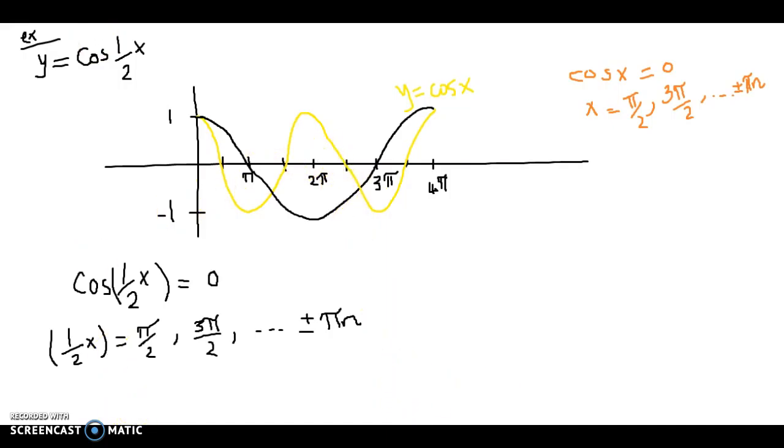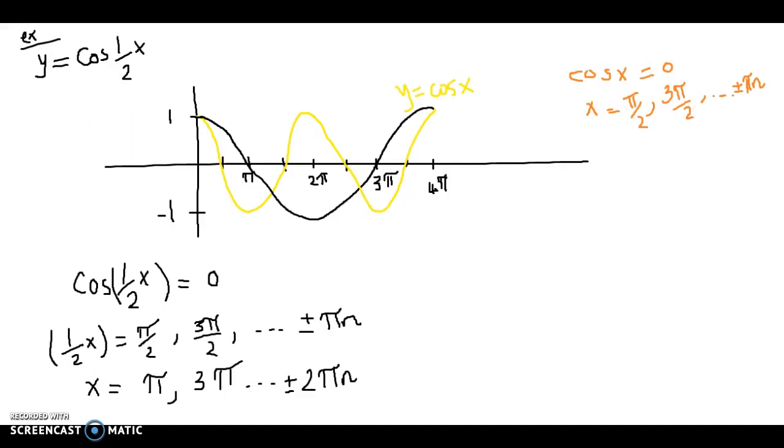So I'm doing the same thing to cosine half x. I'm saying that half x is at pi over 2, 3 pi over 2, because that's theta, it's the same theta. But because I have a coefficient, I'm just going to multiply them all by 2. And now x will be equal to pi, 3 pi, and then plus 2 pi n. So every 2 pi, there will be a 0.